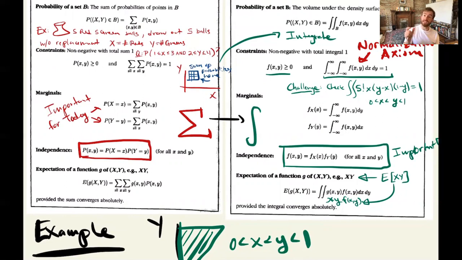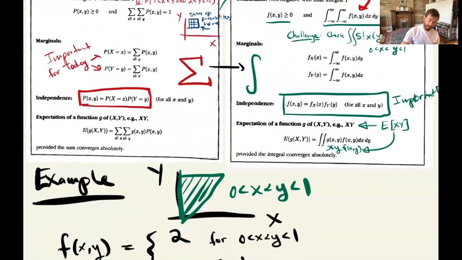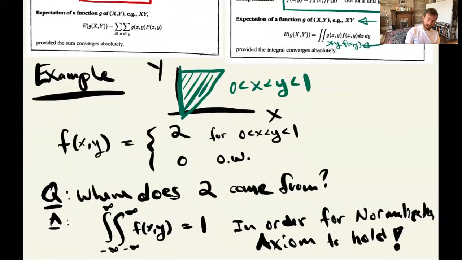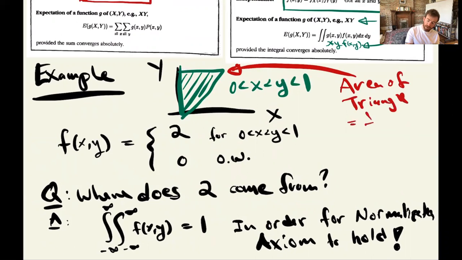Probability can never be greater than 1 or less than 0. Now, probability density, on the other hand, can actually be greater than 1. And in fact, we see that illustrated right here. Now, how do I know this? Well, in this case, uniform probability is equal to relative area. And I know that the area of this triangle equals 1/2 height times base.